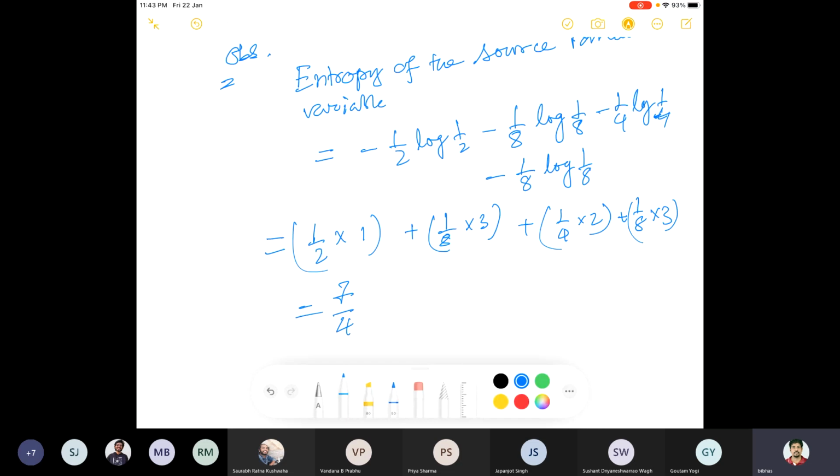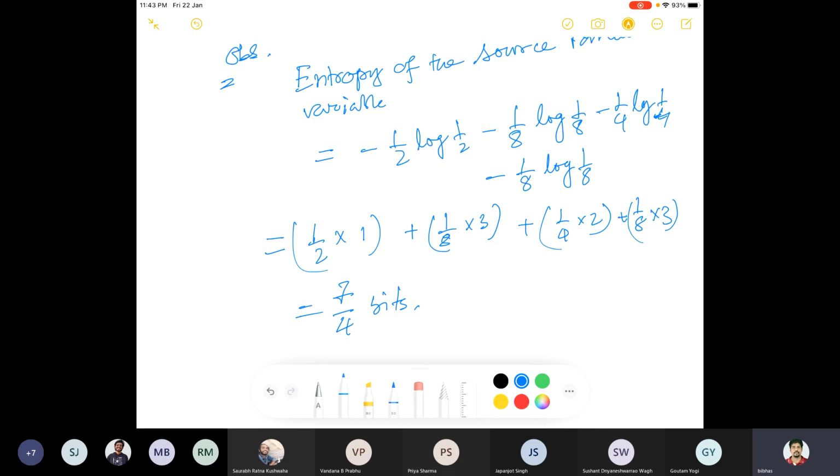Let me tell you guys, this is not surprising. In fact, entropy is the limit. You cannot have a coding scheme whose expected length is below the entropy. I will prove it.